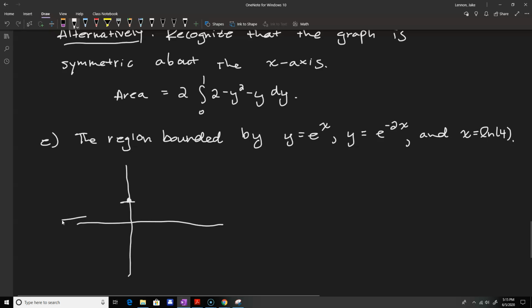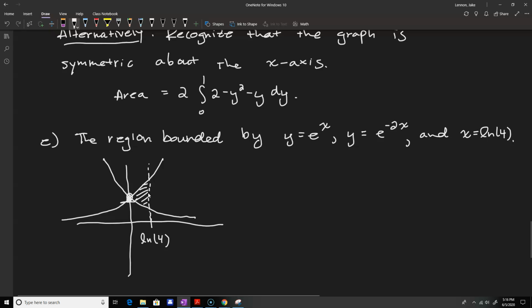On the one hand, you have e to the x looking something like this, and then you have e to the negative 2x, which is exponential decay, so it's looking something like this. And then you have your vertical line, x equals the natural log of 4. So really the region we're looking at is bounded by these three curves, and it's just the shaded area right here. Sorry, it's not the world's best picture, but we have an idea of what we're doing now.